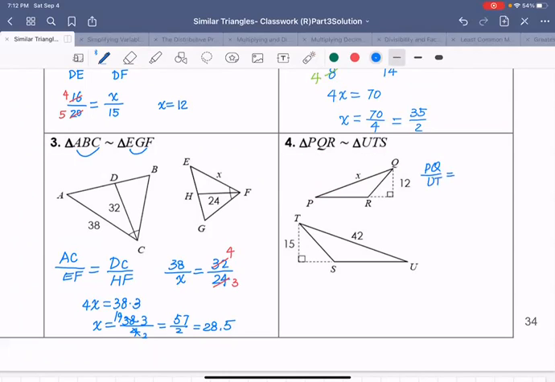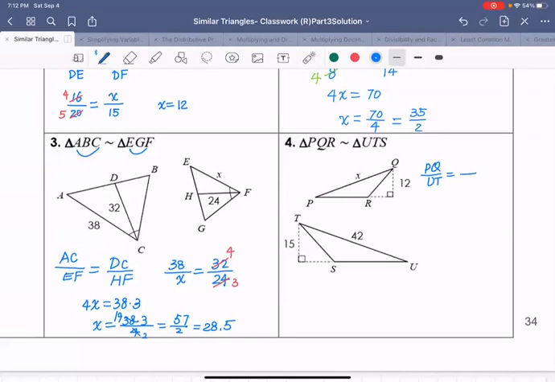Equals. For the similar triangles, those proportions also apply for the altitude. Okay.